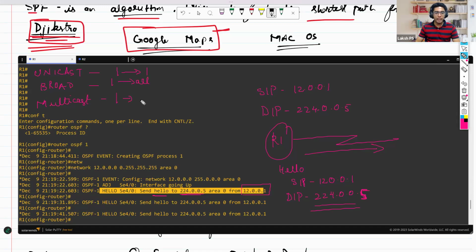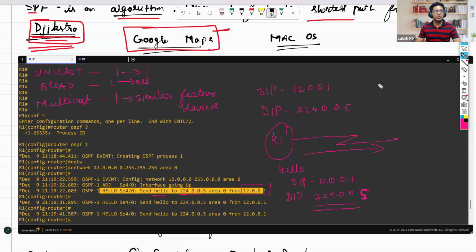Multicast is one to many, or rather one to similar feature devices. That is multicast.